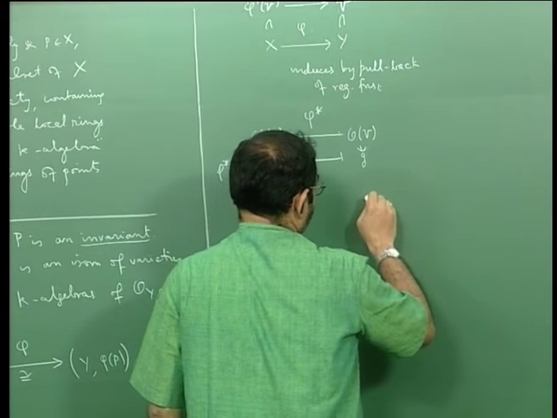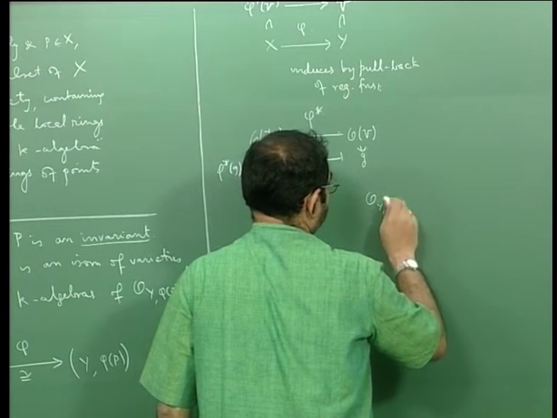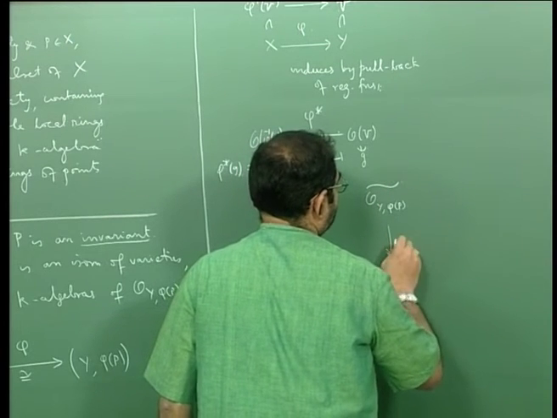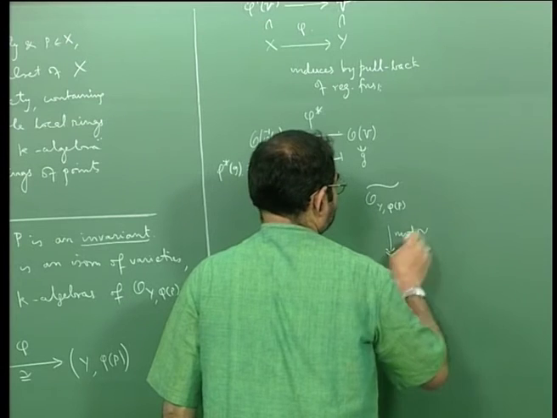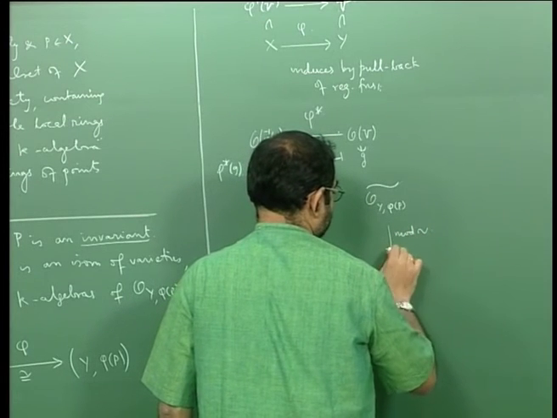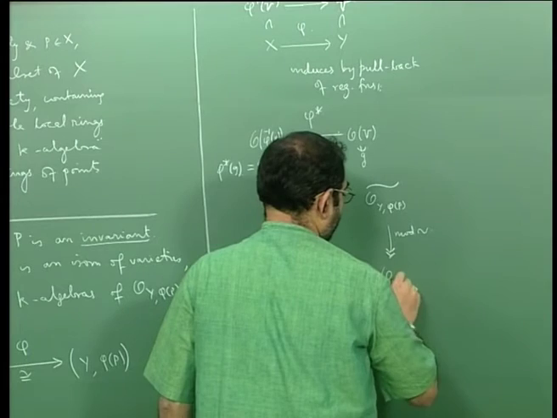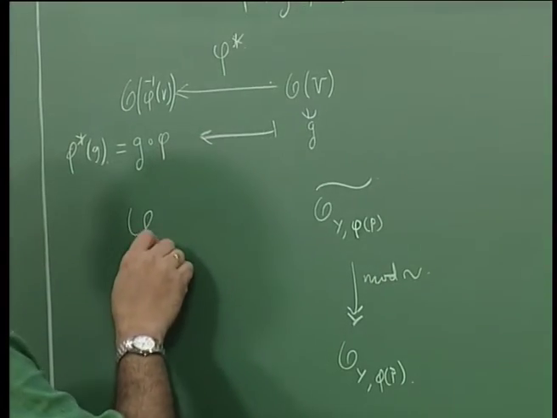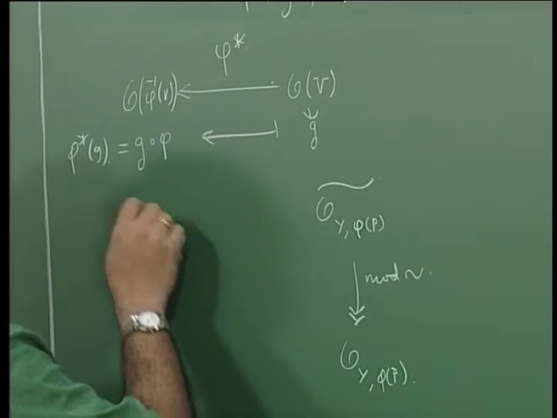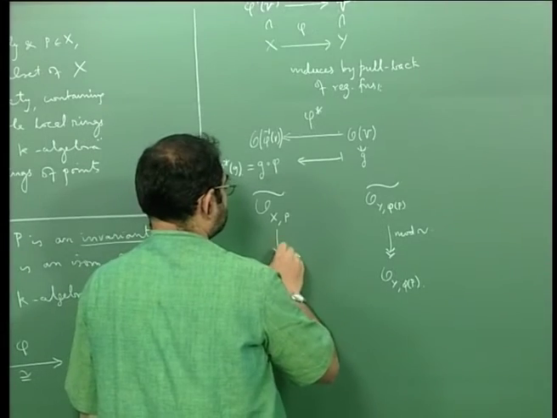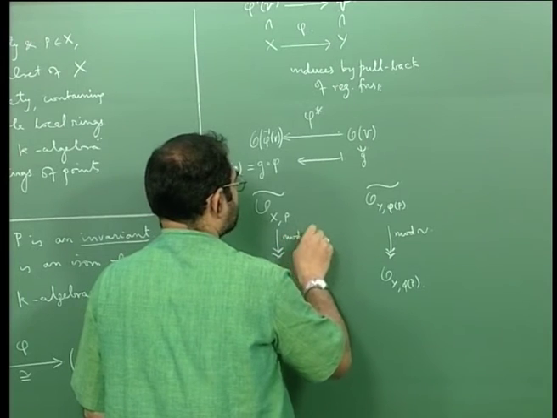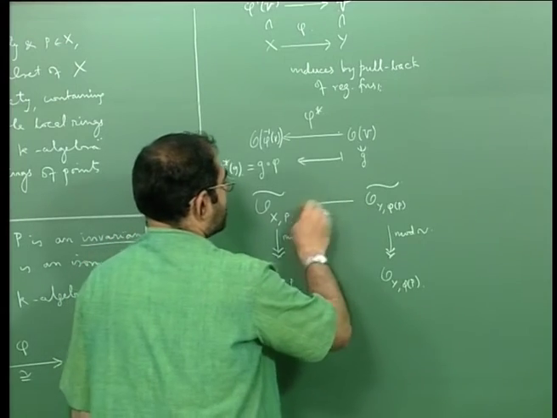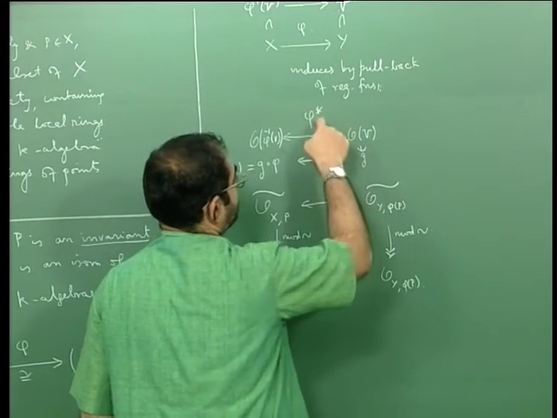you have O_Y at phi(p) tilde, whose quotient by the equivalence relation as I defined earlier gives you the local ring O_Y at phi(p), and you have O_X at p tilde, whose quotient by the corresponding equivalence relation gives you the local ring of X at p. And there is a map like this, induced by phi upper star.